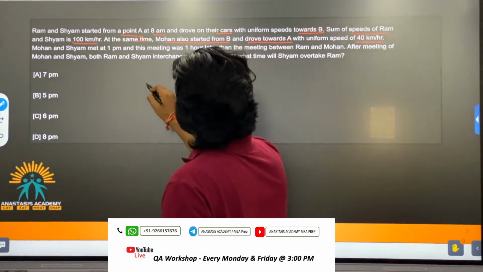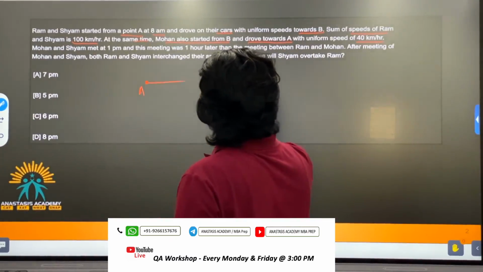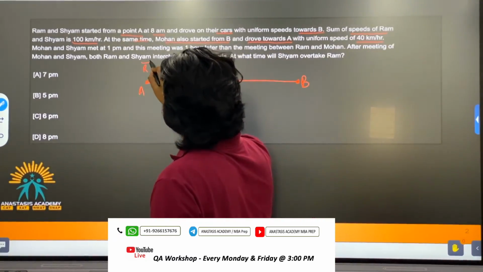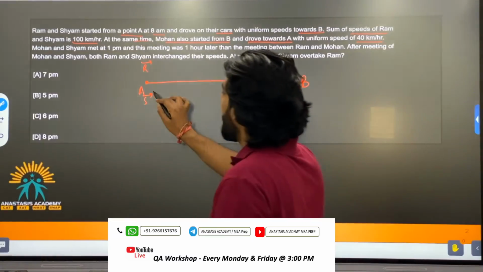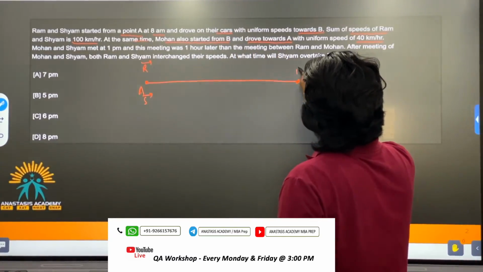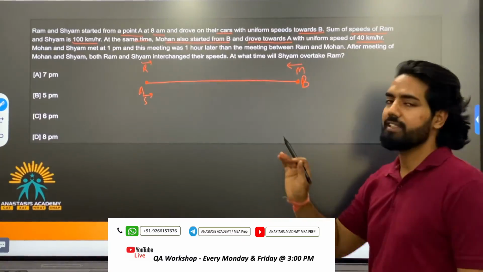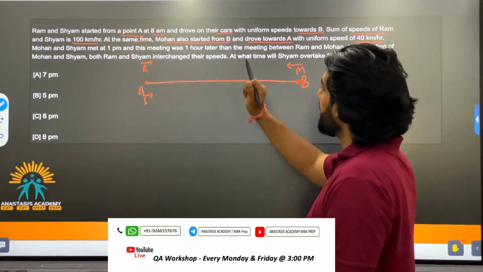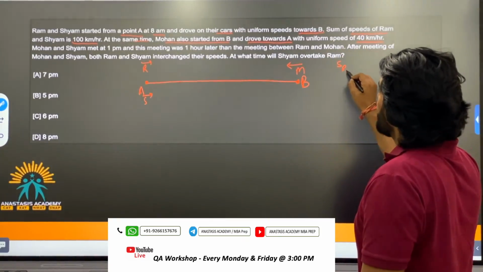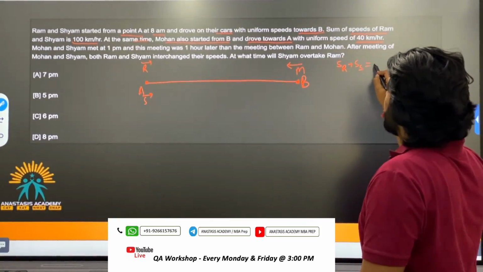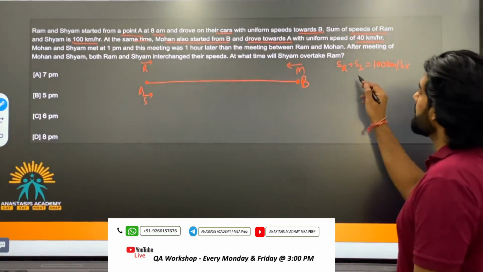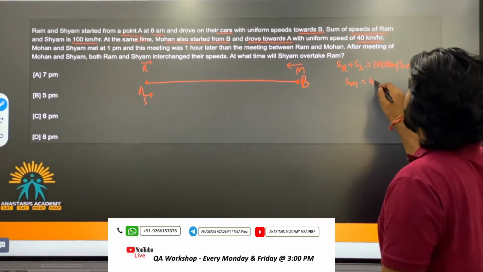So, this is point A and this is point B. Ram and Shyam starting from this point A and going towards point B, and Mohan started from this point B and going towards point A. Now it is given that the sum of speeds of Ram and Shyam, speed of Ram plus speed of Shyam, is 100 km per hour. Also the speed of Mohan is given as 40 km per hour.